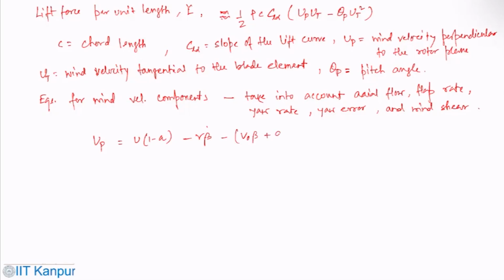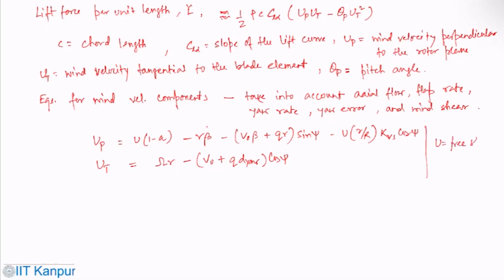V0 B plus UR sin psi minus UR by R K mu cos psi, and UT equals omega R minus V0 plus Q D yaw cos psi.